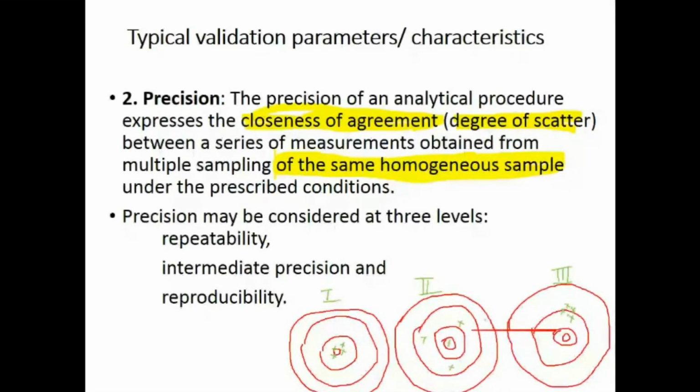I will tell about the first case. In this first case, all the points are close to each other and all these points are near the bullseye. So there is accuracy also, because all the values are very near to the bullseye. These three are almost hitting the center point.